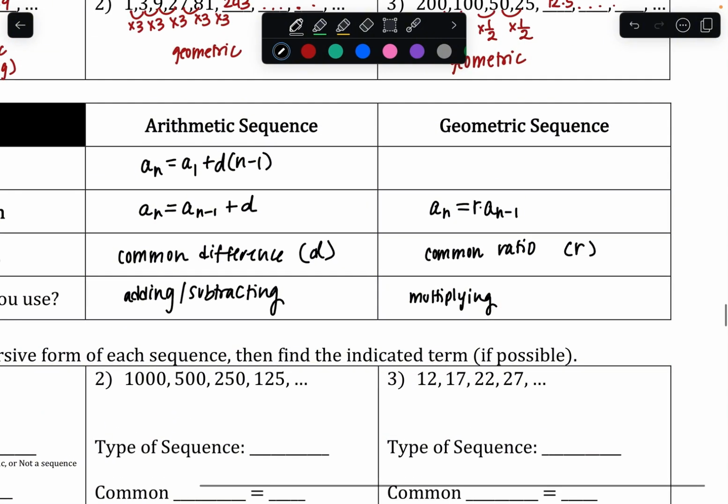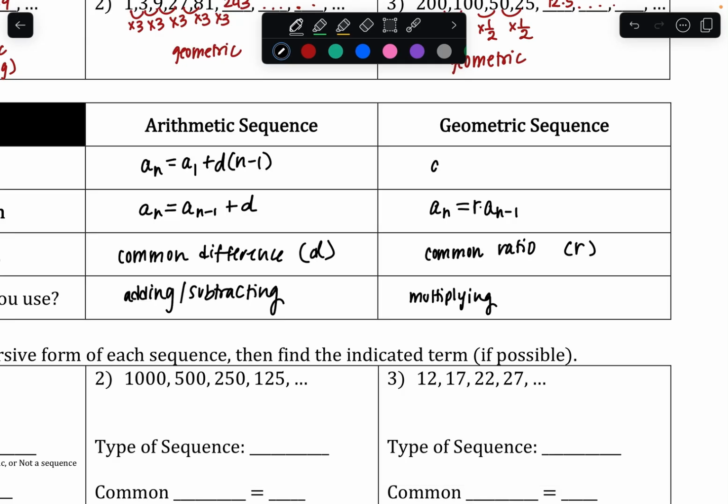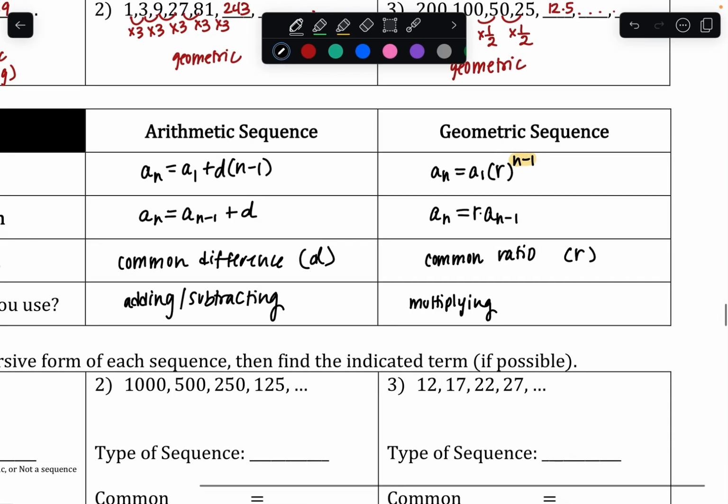And then for the explicit formula that we can use to say find the 100th term, we would start with the first term and we would multiply it by R n minus 1 more times. So notice the n minus 1 is an exponent. Repeated multiplication. If I were to say try to get to the 9th term, I would be multiplying by R 9 times. And so repeated multiplication, say I had like 4 of them, we would just write it as R to the 4th.